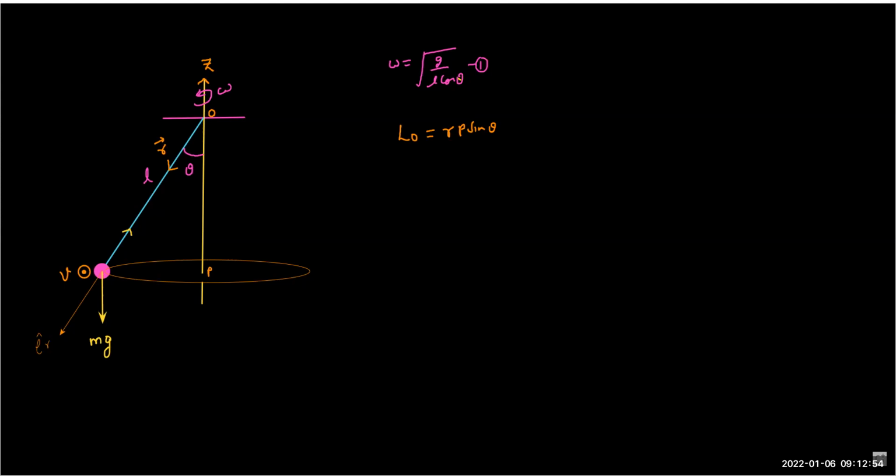So always remember in a cone, the tangent to the base and the slant are always perpendicular. So this turns out to be actually only RP, which is MVR. So the angular momentum about O is MVR because the velocity is at right angle to the R vector.